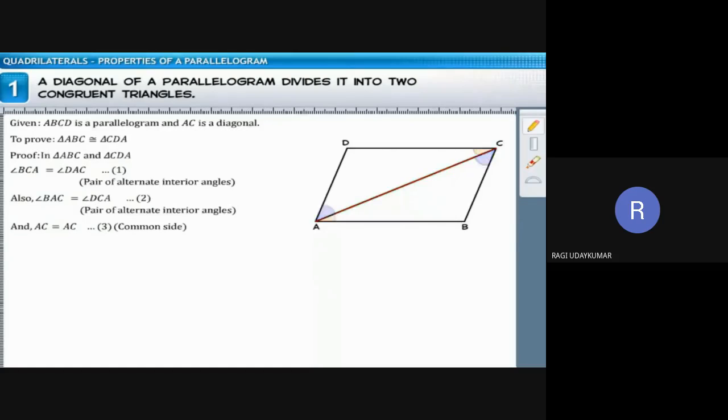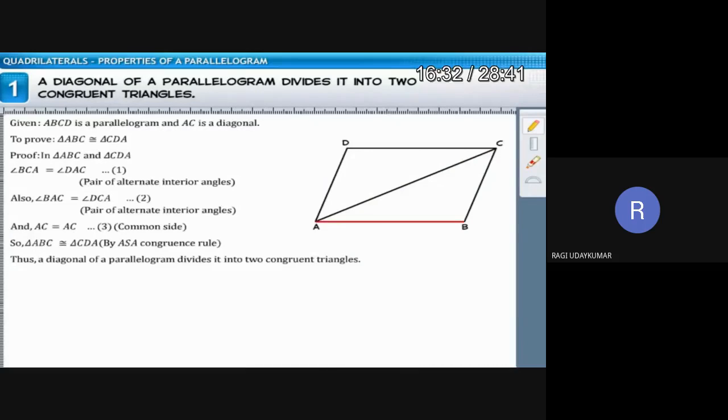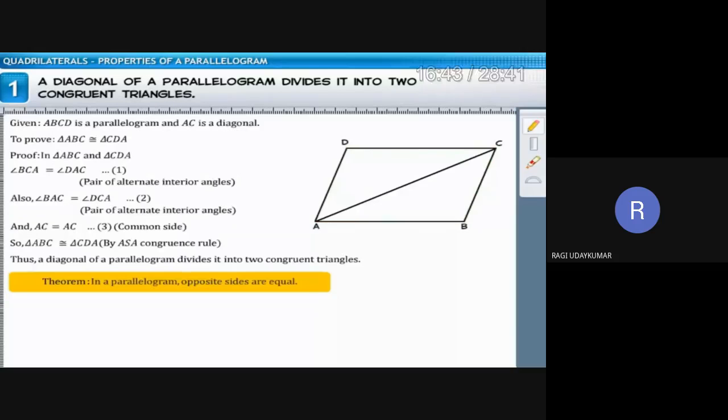Therefore, triangle ABC is congruent to triangle CDA by the ASA congruency rule. Is it clear to you? So therefore a diagonal divides it into two congruent triangles.